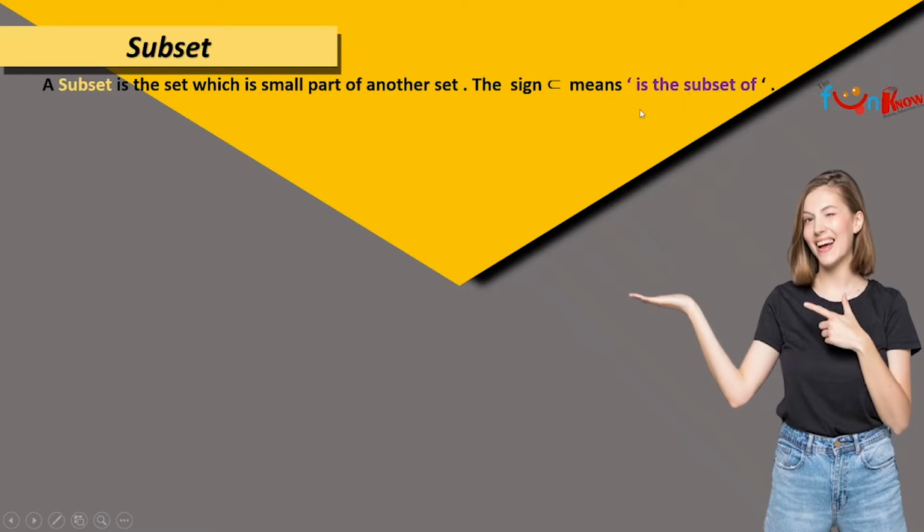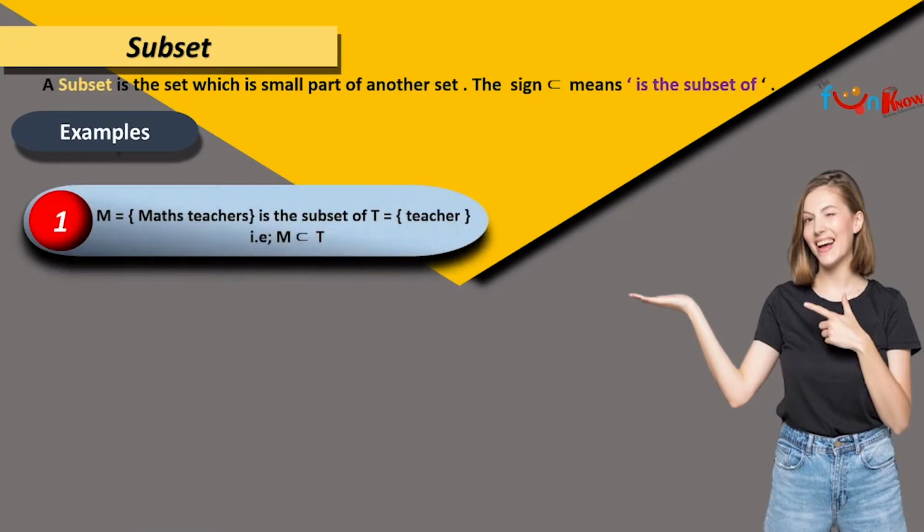So whenever you have to say "is the subset of," you can directly write this. If you cannot write this, then you can directly use the words themselves. This symbol indicates the same, is the subset of. Let us see with an example. M is equal to math teacher, the subset of basically teacher.